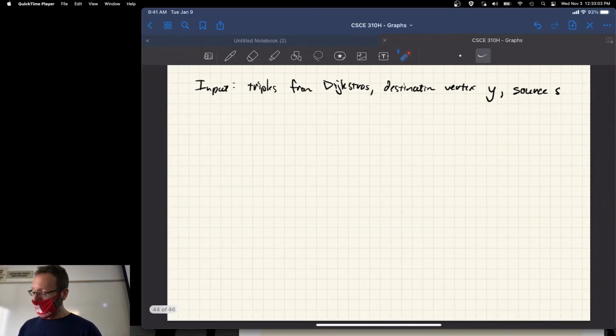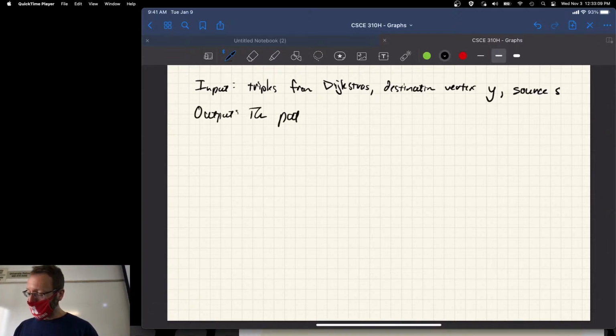Okay? So that's my input, and my output will be the path, given by Dijkstra, so the shortest weighted path from S to Y. And then, of course, you would repeat this over and over again if you wanted to for each potential destination vertex.